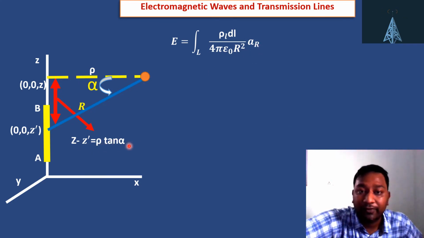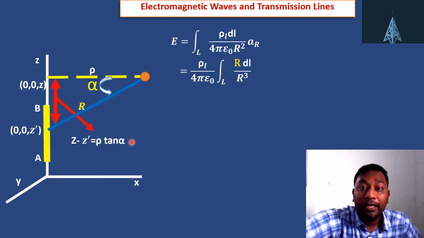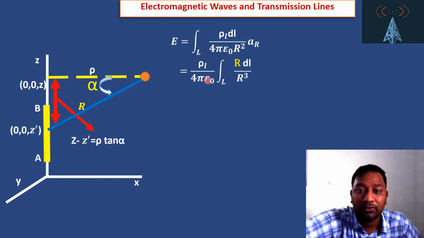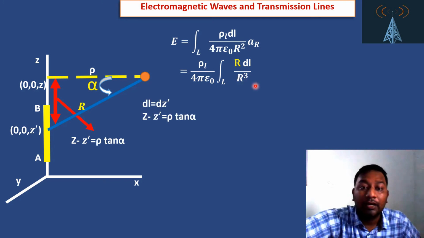Rho L, the line charge density, is a constant quantity, so we can keep it outside. 4 pi epsilon naught is also a constant, so we keep it outside. So the line integral of r dl divided by r cube, where this unit vector we represent as the r vector divided by its magnitude, and r cube is the magnitude cubed.